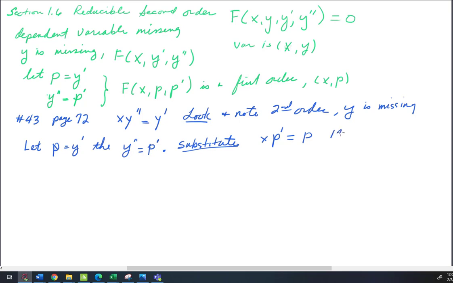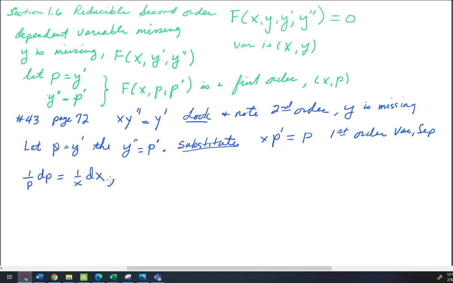Well, this is a first order, and it's in fact a variables separable differential equation. So if I rewrite this just using algebra, I can rewrite this as 1 upon p dp is equal to 1 upon x dx. And this is why it's variable separable. It's variable separable because I can separate the variables, which I've done.